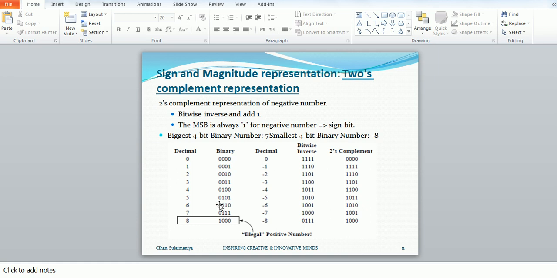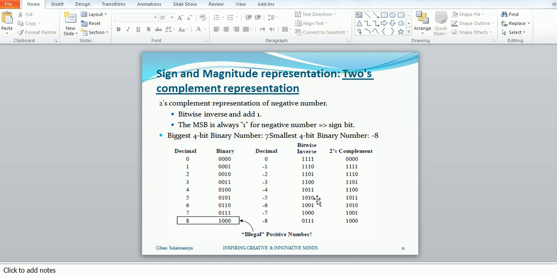First of all, I have to flip this number, changing all 0 to 1 and all 1 to 0. So it will be 1, 0, 1, 0. That's the flip of this number. Then after that I have to add 1 to 1, 0, 1, 0.